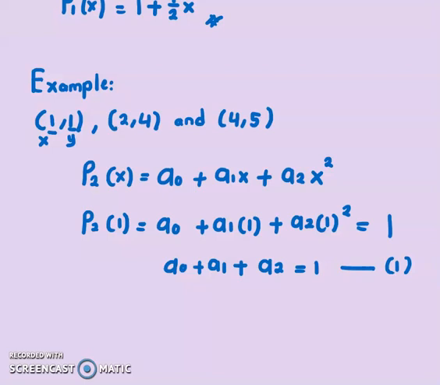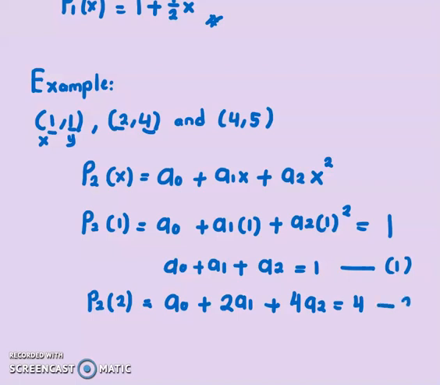Now the second equation, for x equals 2. So p2(2) is a0 plus 2a1 plus 2 squared, so 4a2, equals 4. This is my second equation.